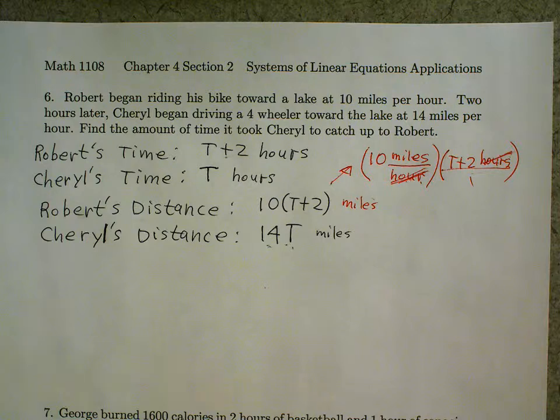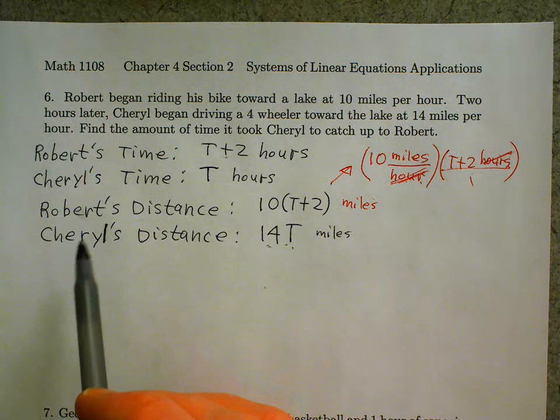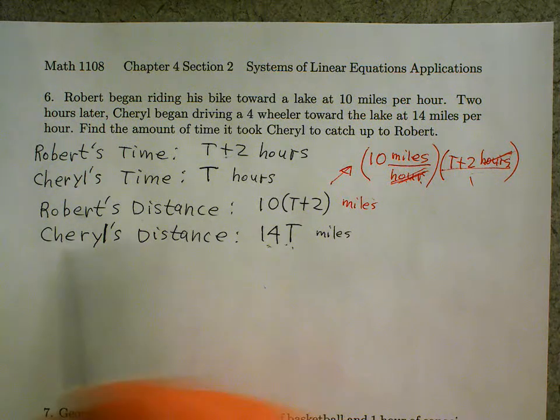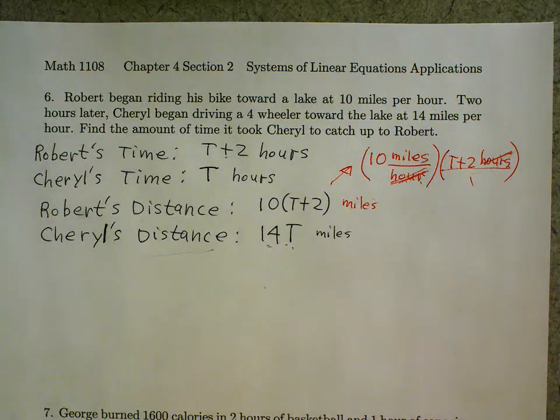Robert left earlier than Cheryl, but Cheryl eventually caught up to Robert. And as soon as she caught up, they each had traveled the same distance. So what does that mean? It means Robert's distance is equal to Cheryl's distance at the instant that Cheryl caught up.